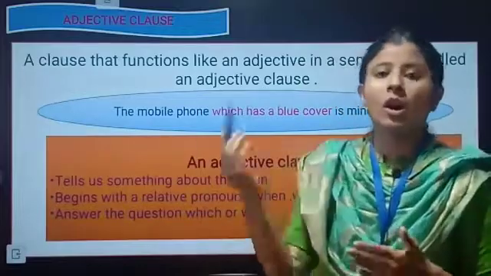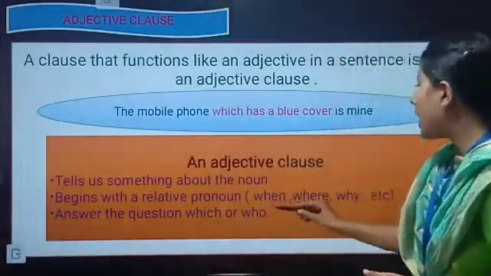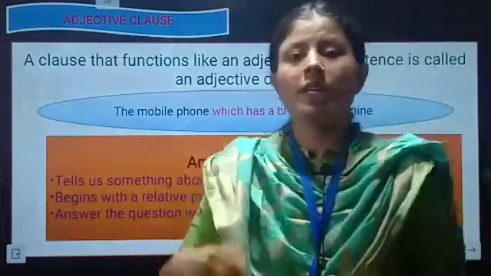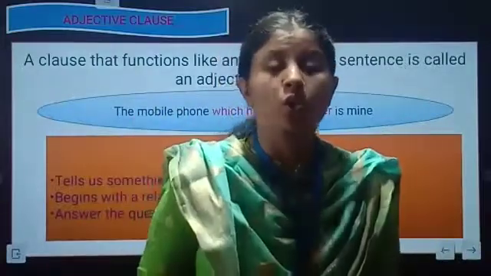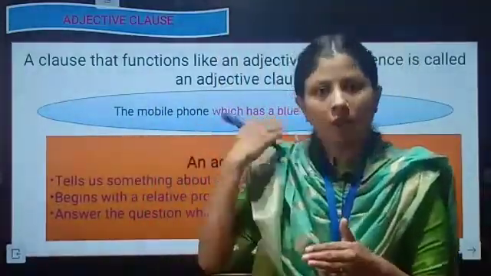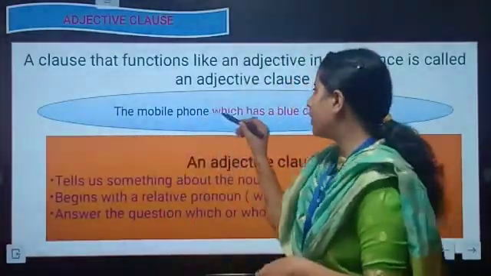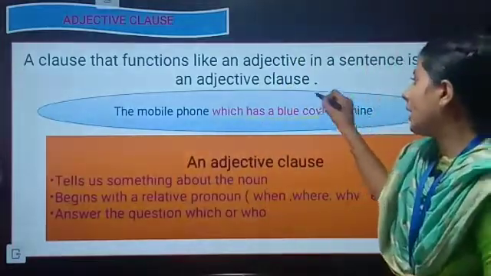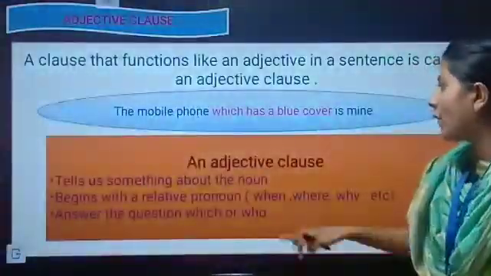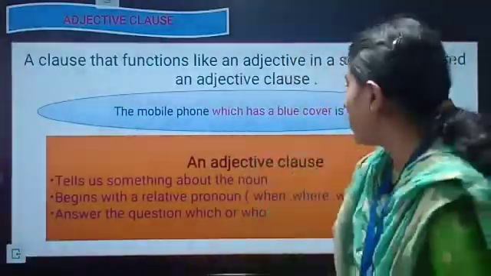You all have recently learned what a relative pronoun is. Relative pronouns are when, where, why, who, whom. These all are the relative pronouns. So an adjective clause starts with a relative pronoun, and all the relative pronouns are given over here, and you have already learned all these in the previous chapter, right?